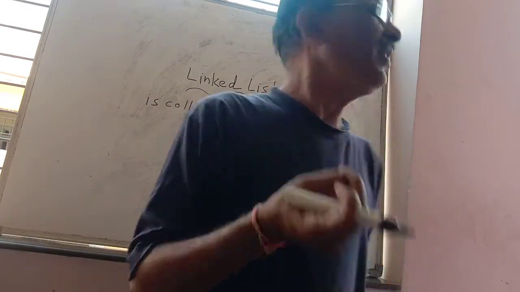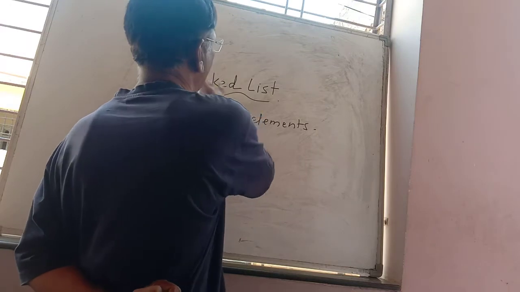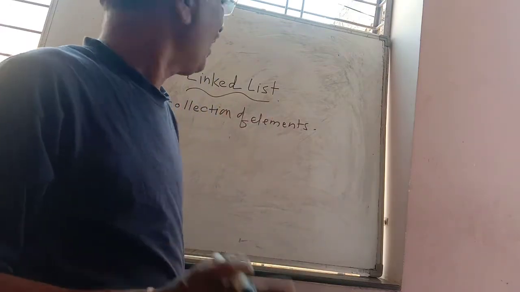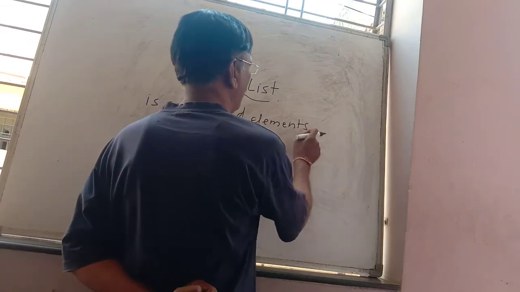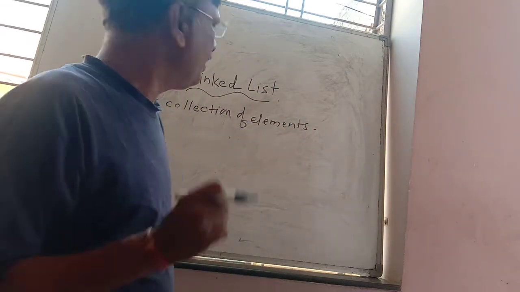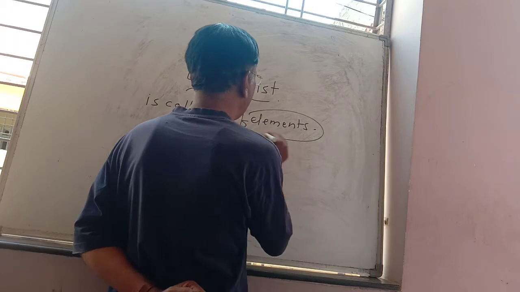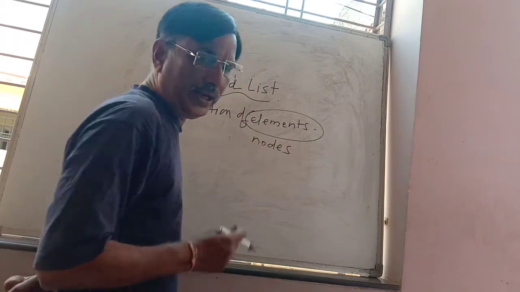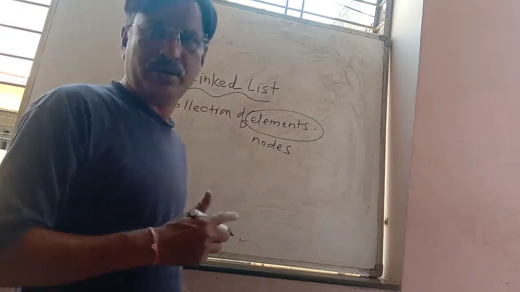In a linear list we have seen there is a list, whereas there is a difference between linked list. Linked list is also a collection of elements. Instead of elements, they are called nodes. So linked list is a collection of nodes.